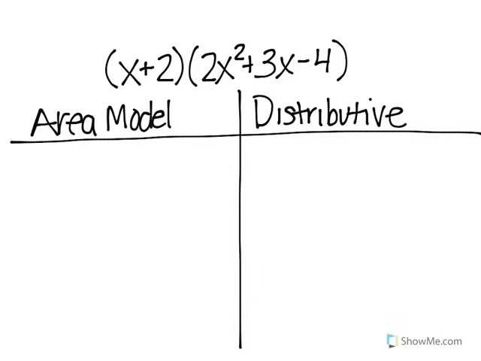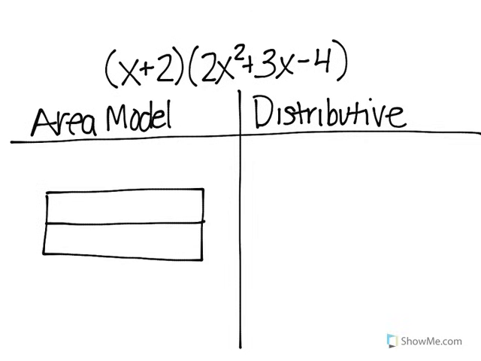Looking at the area model first, for this binomial times trinomial, I'm multiplying x plus 2 times 2x squared plus 3x minus 4. With the area model, I'm starting with a rectangle. I'm going to divide that rectangle into two rows because my first factor has two terms. I'm going to label those rows as those terms.